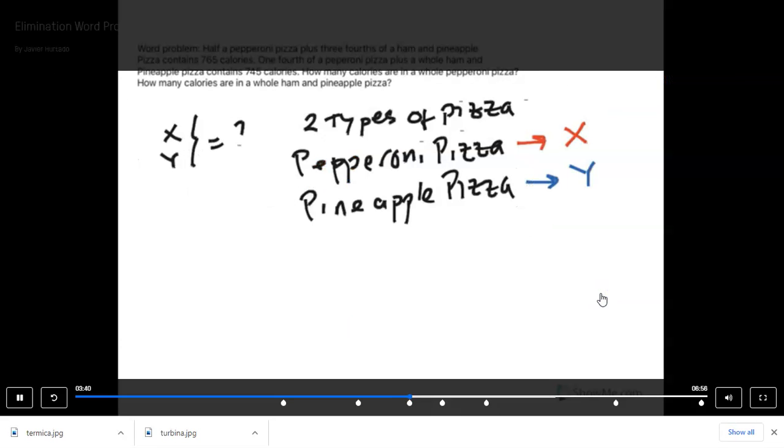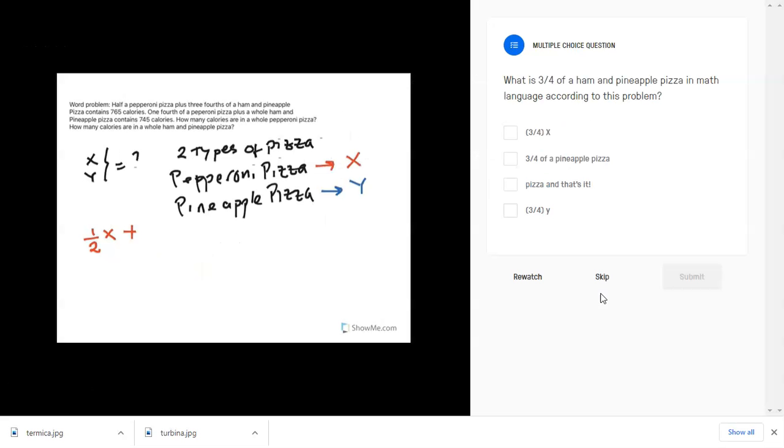So half a pepperoni pizza is 1/2, and I'm going to do it in red. So 1/2, and then the pepperoni pizza is x, right? Half a pepperoni pizza. Plus gives you the idea of addition, okay?